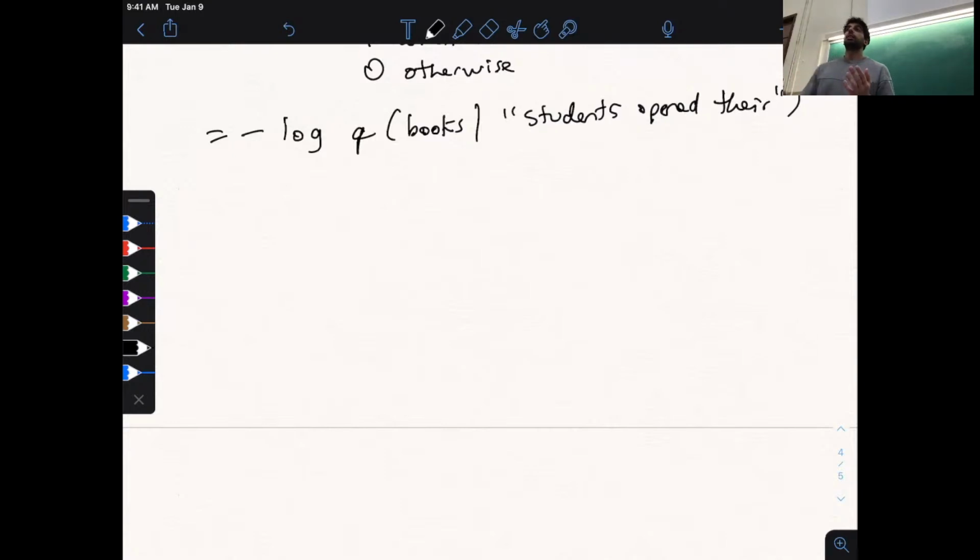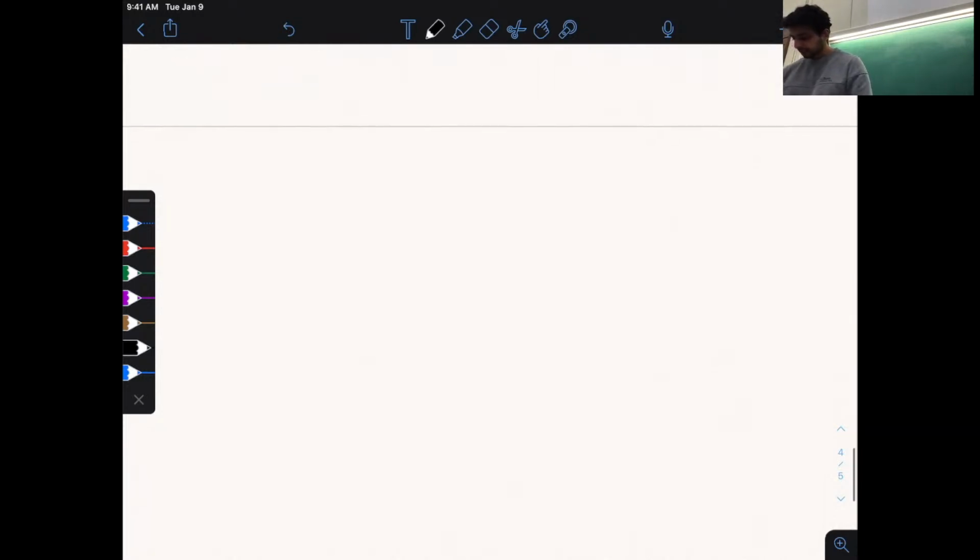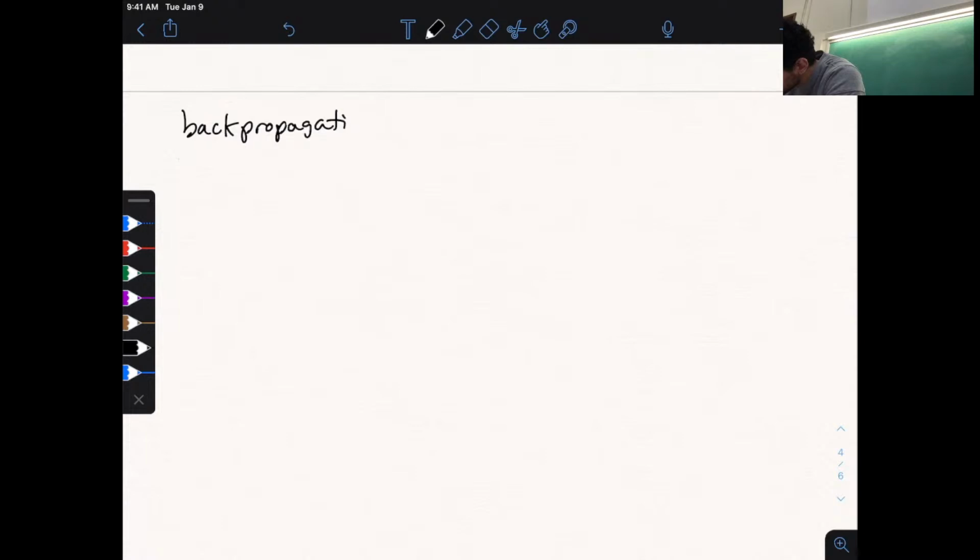That was a critical term in gradient descent, but I didn't explain how you actually get it. So maybe I'll just start on the new page. The algorithm that we use to compute the gradient in neural networks is called backpropagation.